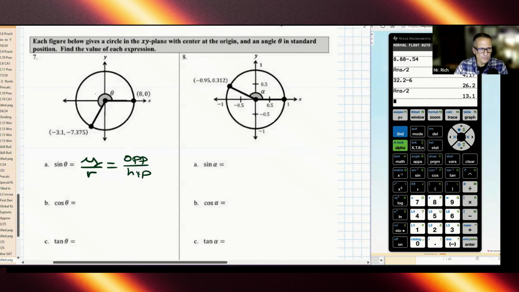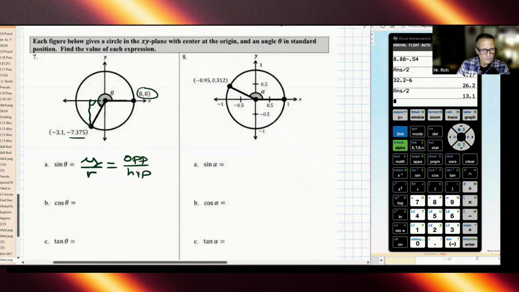If you make a right triangle here with the x-axis, using this reference angle with the negative x-axis, the opposite side is the y-coordinate, negative 7.375, and the hypotenuse happens to be 8. It's the radius of the circle.